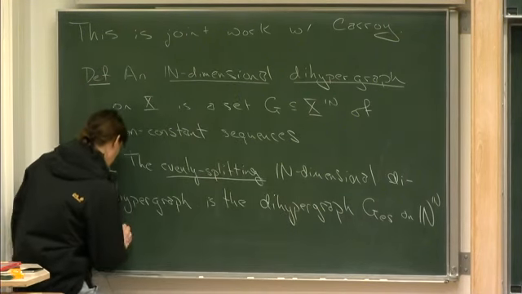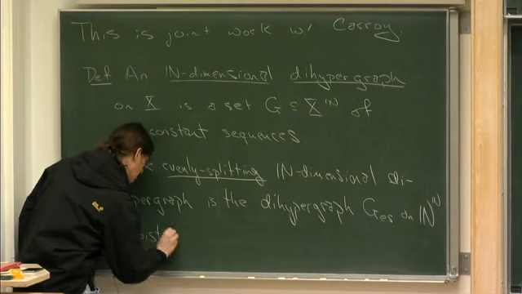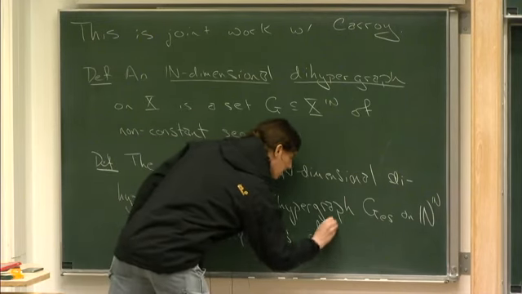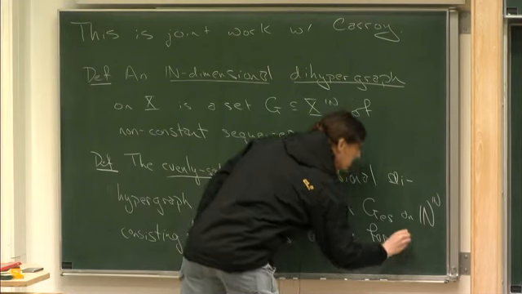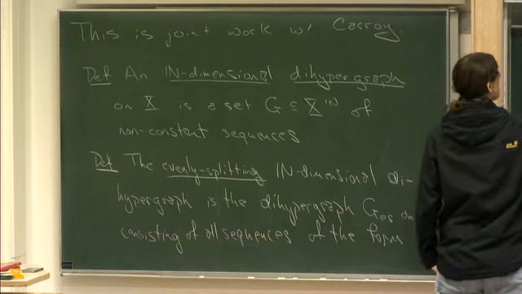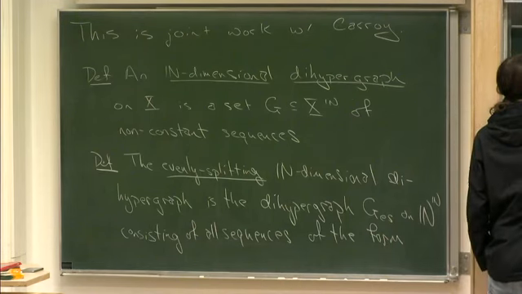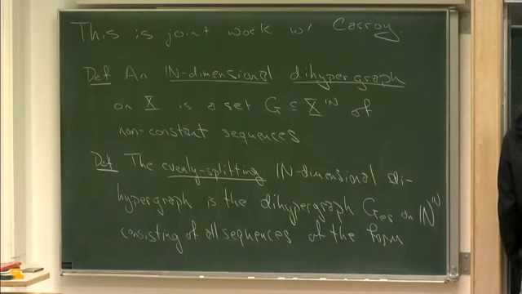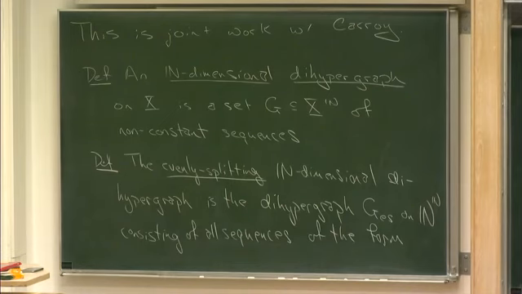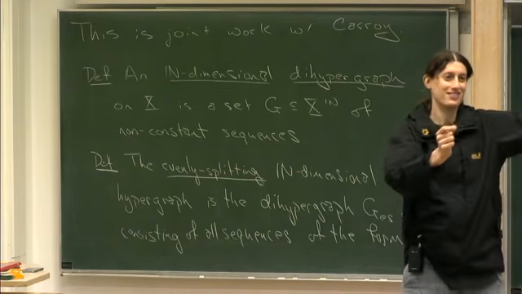So it consists of all sequences of the form T followed by i followed by b of i, for i in the natural numbers, so that's an omega length sequence of elements of Baire space, where T is a finite sequence, and b is a sequence of elements of Baire space. So you just go into the tree and then you just go across, however you want.